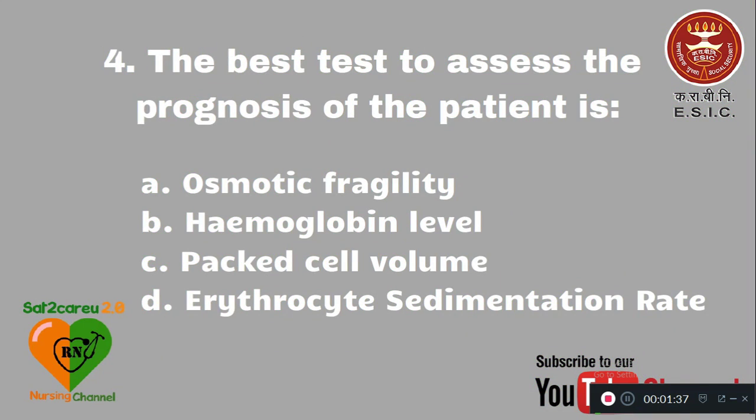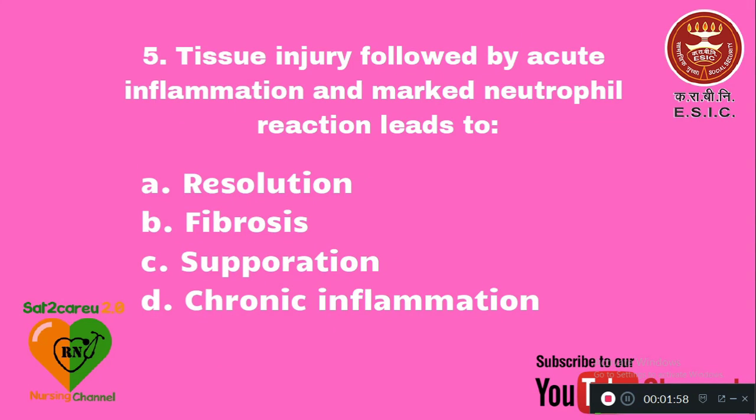Fourth question. The best test to assess the prognosis of the patient is option A osmotic fragility, B hemoglobin level, C packed cell volume, D erythrocyte sedimentation rate. The right answer is option D erythrocyte sedimentation rate. Question number 5.